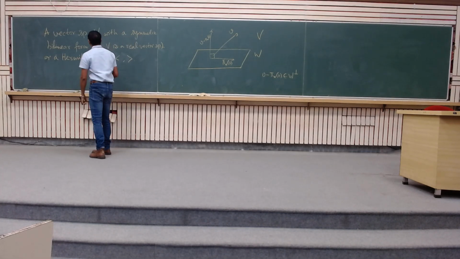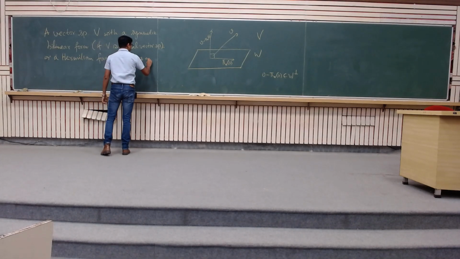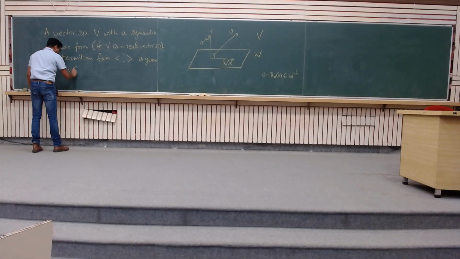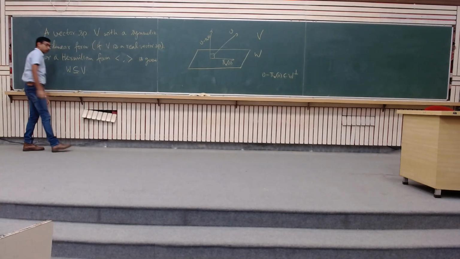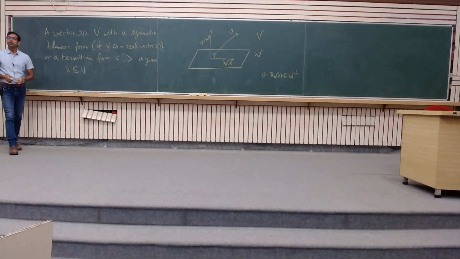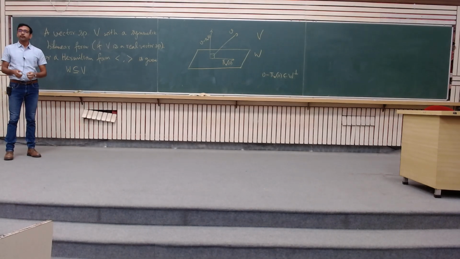So this is given, and W is a subspace of V. Do you recall when we call the form non-degenerate on W? At first, non-degenerate on V. Yes, that's called the null space, right?